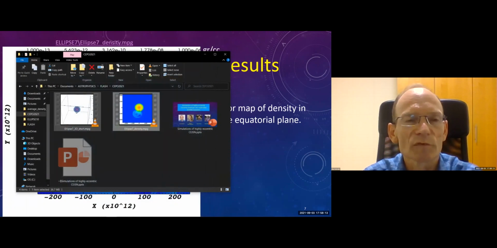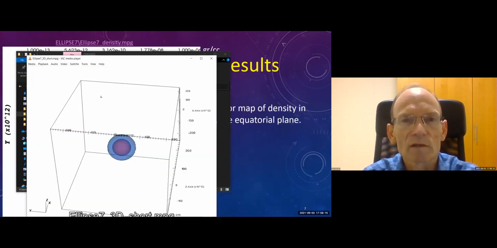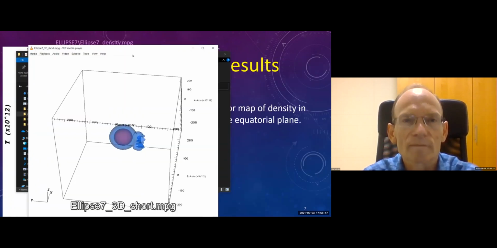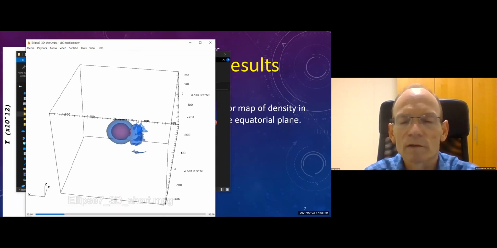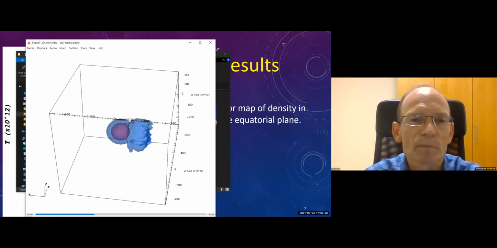Okay, the second movie is a 3D movie with two colors. The purple color emphasizes the core and the two jets. You can see the lower part and the upper part. Here are the jets. I will start it again.